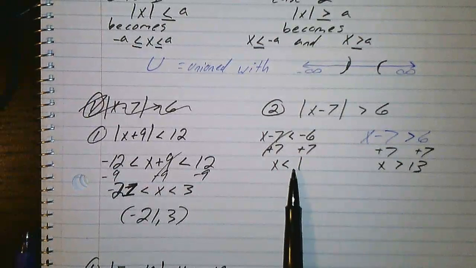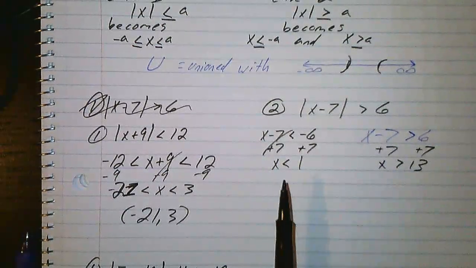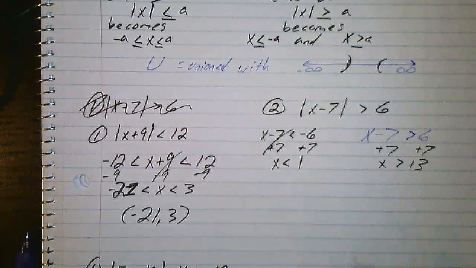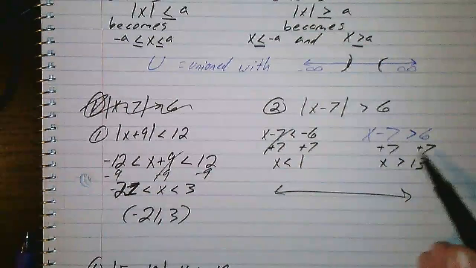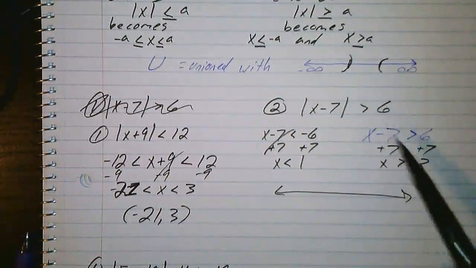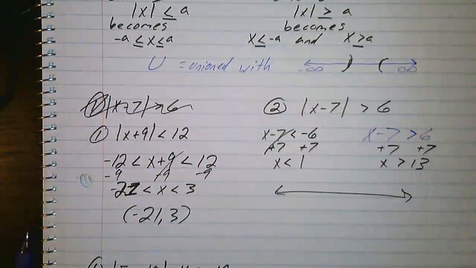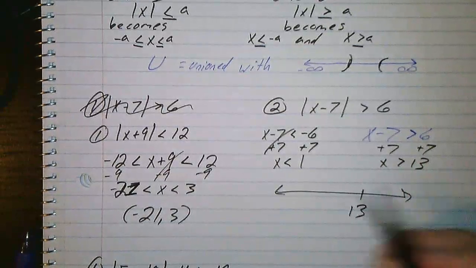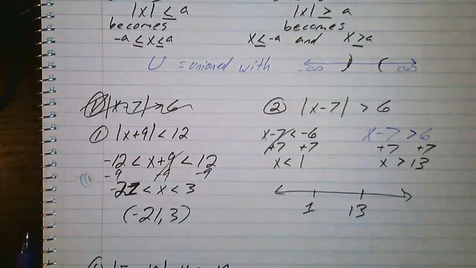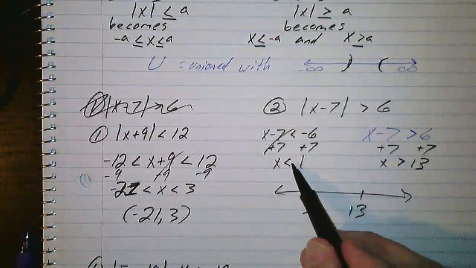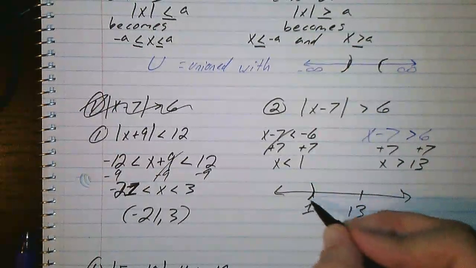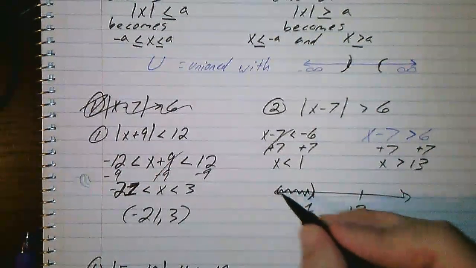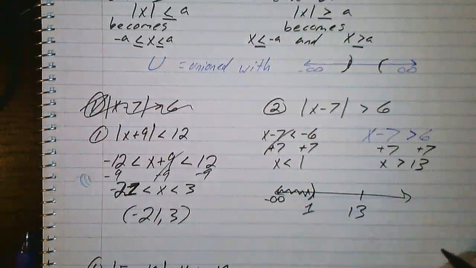So I set it up like this because now this is opening up towards the left side of the number line. And what we worked out over here, basically what the inequality statement says, just drop the bars, that will give us the right side. So on a number line, x is less than 1, we would have an open point or a parenthesis at 1, and we would shade towards negative infinity.